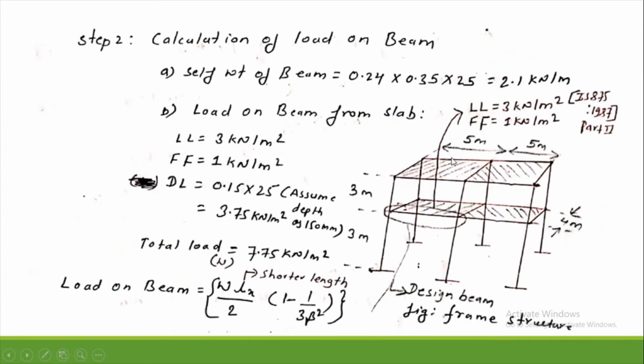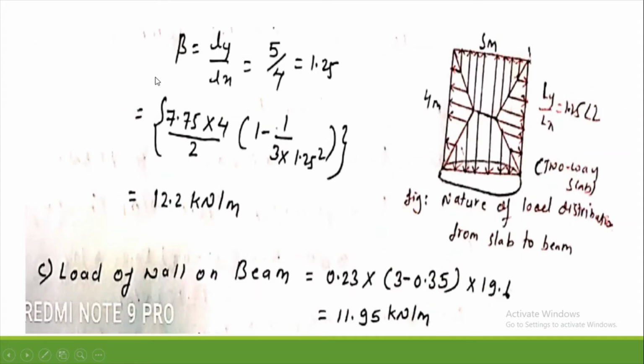For that, we have one formula, which I have already told about: w Lx by 2 times (1 minus 1 by 3 beta squared). W means the total load of the slab, Lx means the shorter length, and beta is the ratio of longer span to shorter span. By calculating this, we get beta as 1.25, and then we get 12.2 kilonewton per meter.